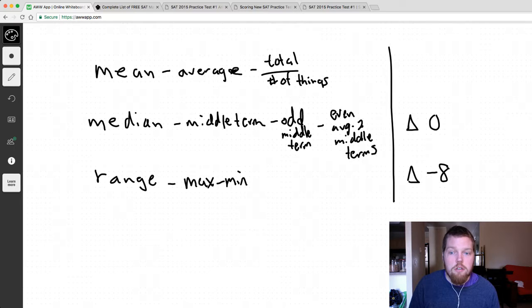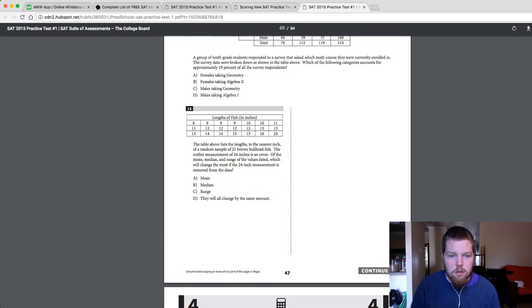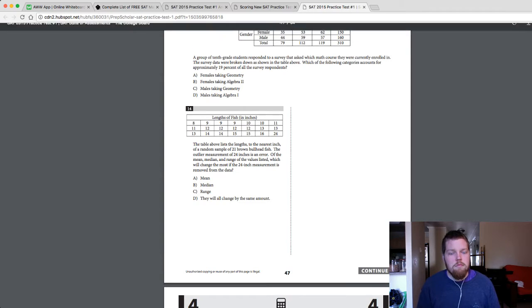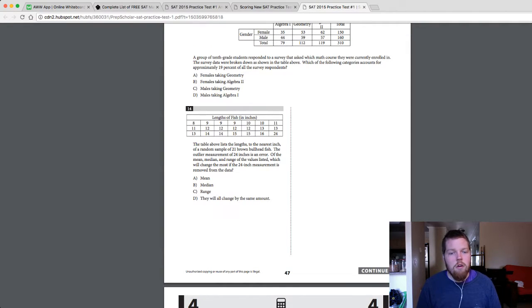Will the mean change? I don't think the mean is going to change by more than 8 if we drop one term out of 21 terms.